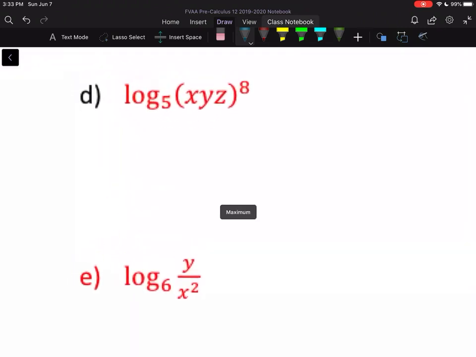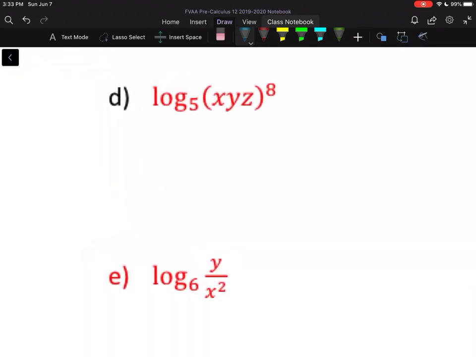All right, so let's take a look here. Here, the bracket, this exponent of 8 is on all 3 of these, and so essentially if I just took care of the inside here, it would be log base 5 x plus log base 5 y plus log base 5 z.